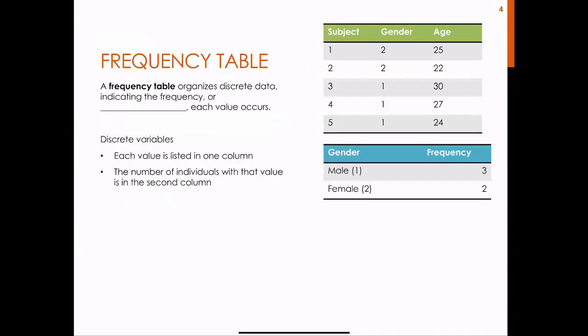So let's talk about the frequency table. A frequency table organizes discrete data, indicating the frequency, or how often each value occurs. Here at the bottom is our frequency table for the variable gender.